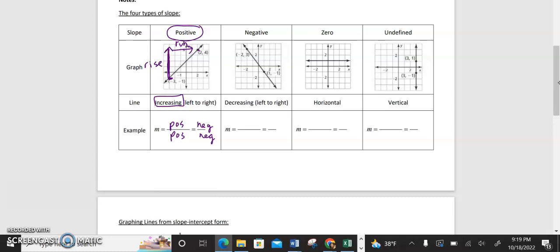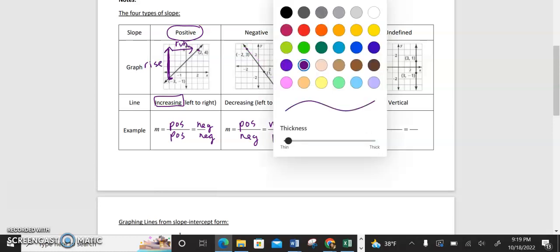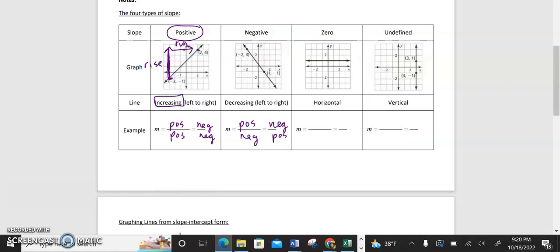A line can have a negative slope, where it is decreasing from left to right. And here we will get a negative fraction. That happens if we have a positive number divided by a negative or a negative divided by a positive. When we look at our rise to run ratio, from one point to the next, usually I like to think of it as going down.